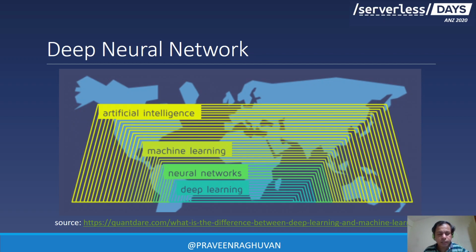So what is artificial intelligence? It involves a computer executing a task that a human can do. It is related to the things that a machine can do which are very similar to what a human can do.